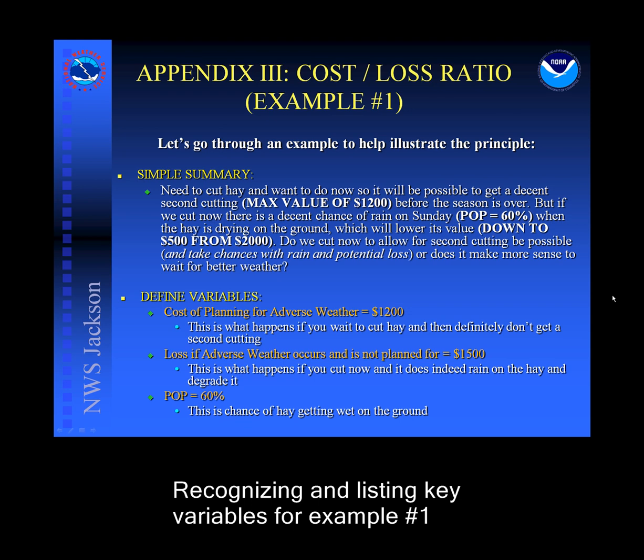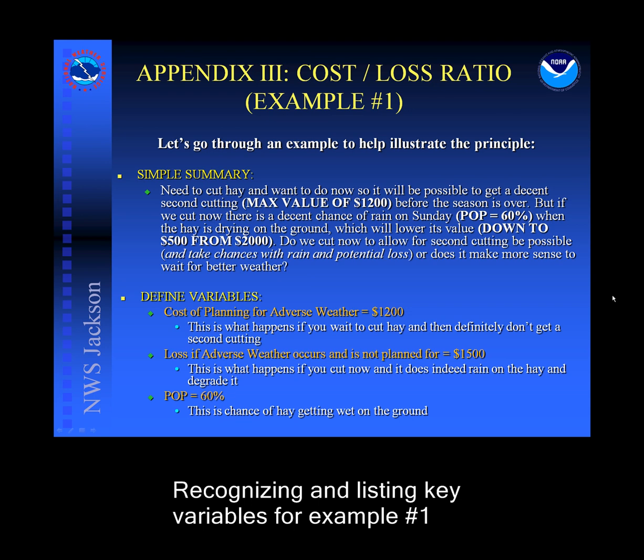But if we cut now, there is a decent chance of rain on Sunday where the POP equals 60% when the hay is drying on the ground, which will lower its value if it gets wet down to $500 from $2,000. So do we cut now to allow for a second cutting to be possible and take chances with rain and potential loss, or does it make more sense to wait for better weather?